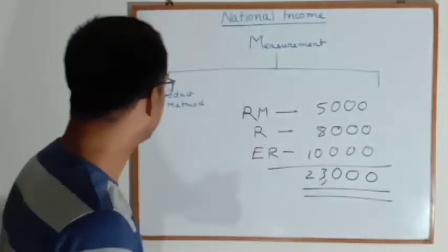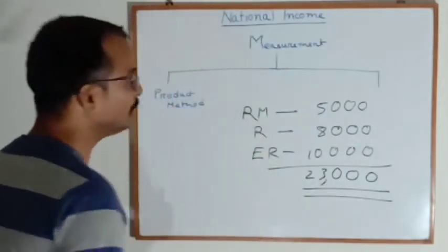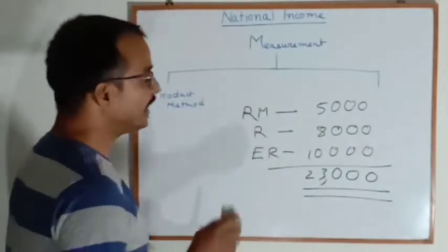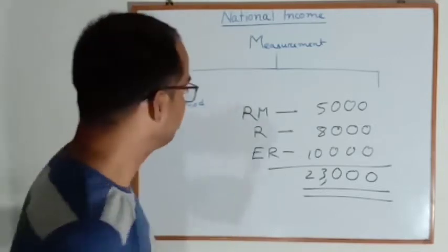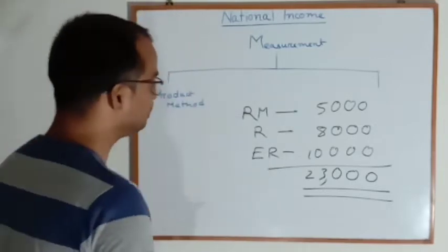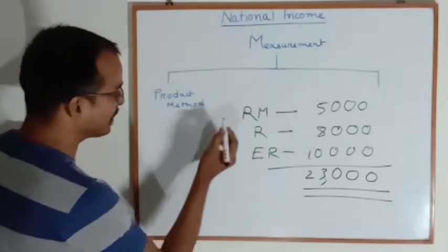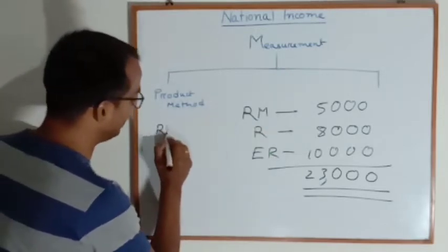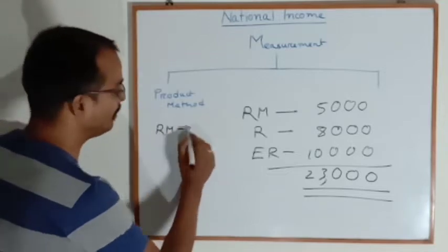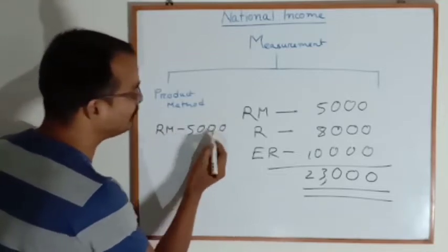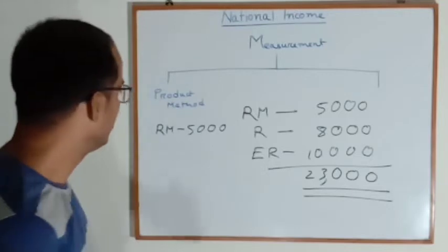The solution is the value added method. So what we do, we take the value additions. It's simple. Say this person A who is producing rubber milk, he is producing rubber milk of 5,000, assuming that he is not using any input.